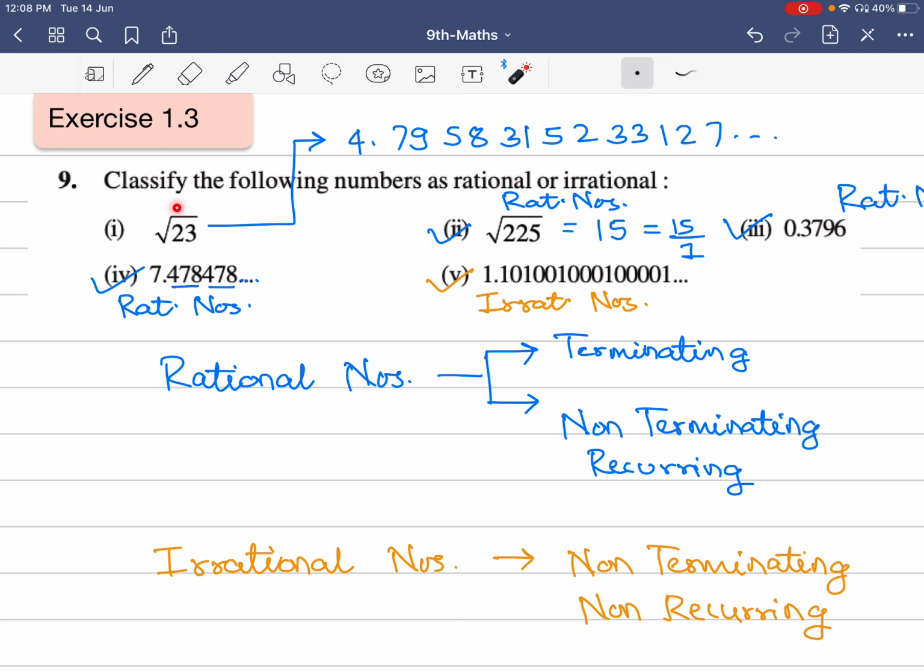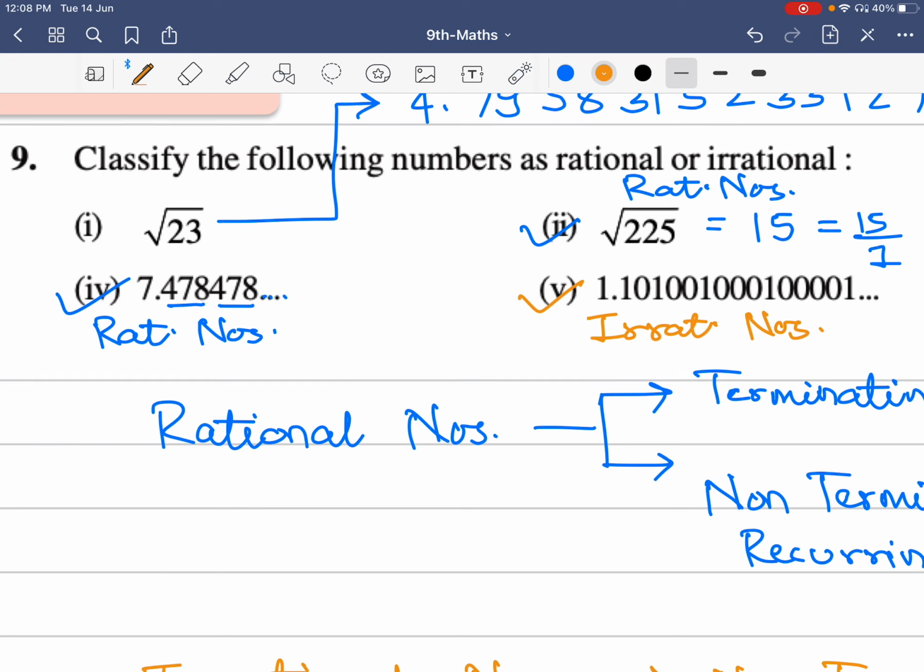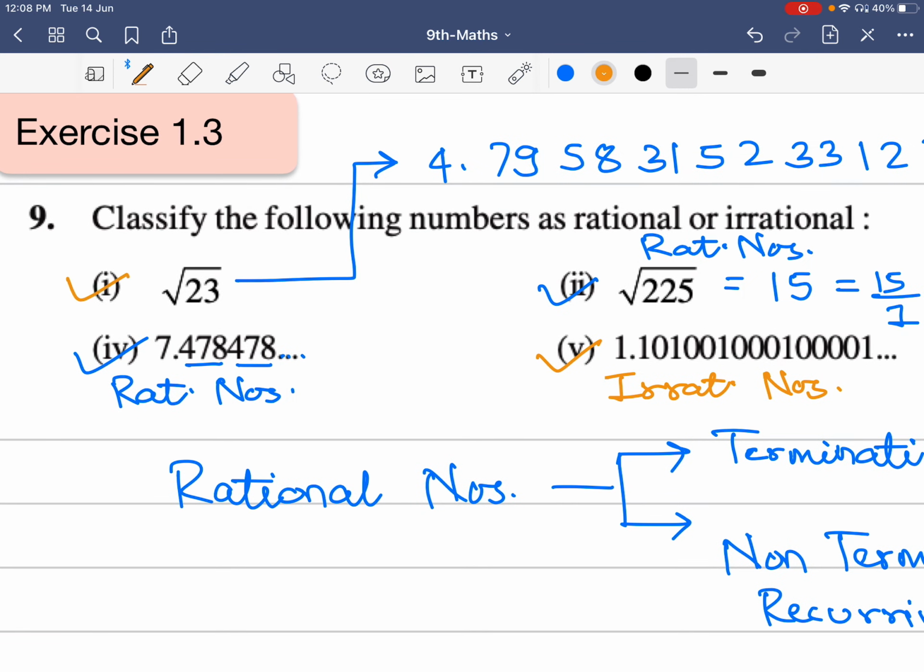Thus the square root of 23 becomes an irrational number. We have to perform the square root of 23 by the division process, which I'm not doing in this video, but if you do it, you will get this as the answer. So I'm going to label the square root of 23 as an irrational number. This is also done.